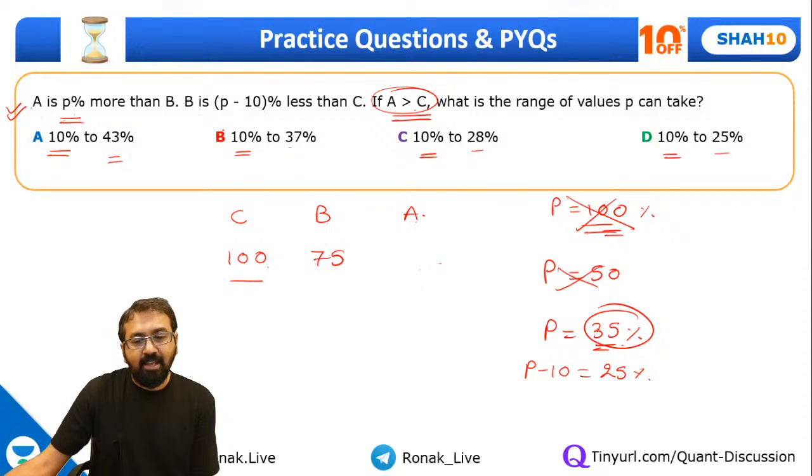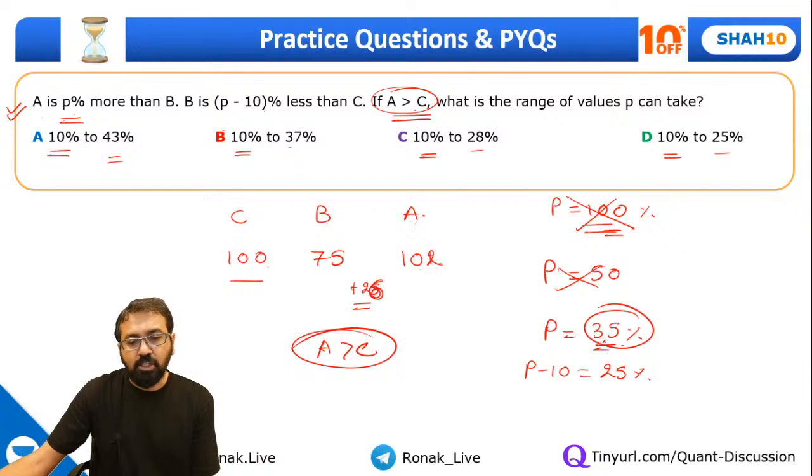Can I say 33.33% of 75 is 25? So we need to add 25, something like 26, because 35% will be a little more than 25. So let's add 26. So it will be 101 or 102, something like that. Can I say now A is greater than C? So for 35% it is greater than C.